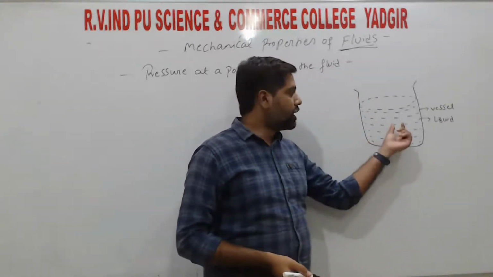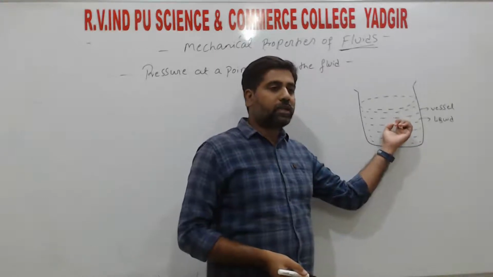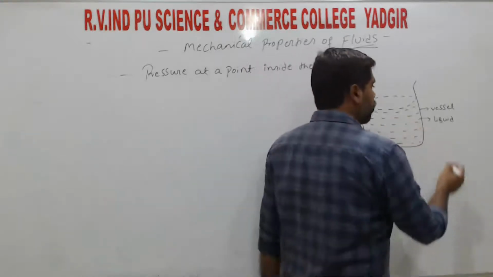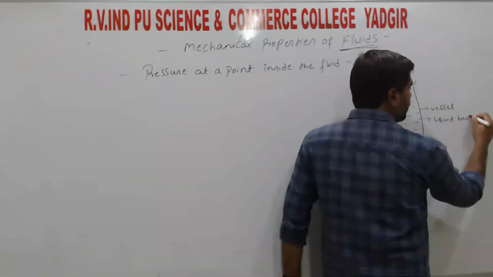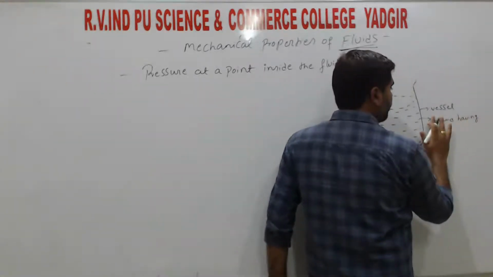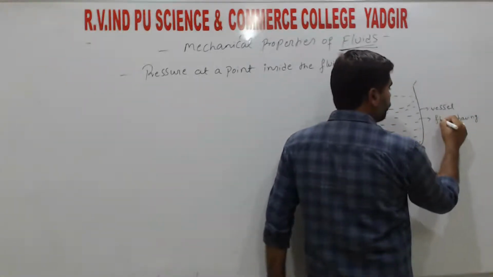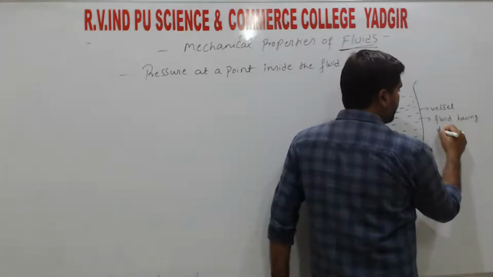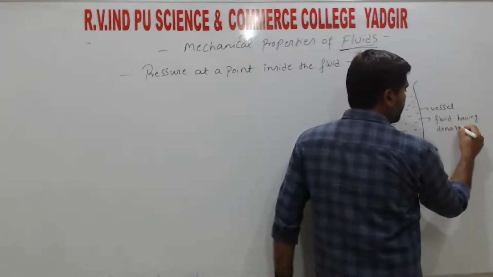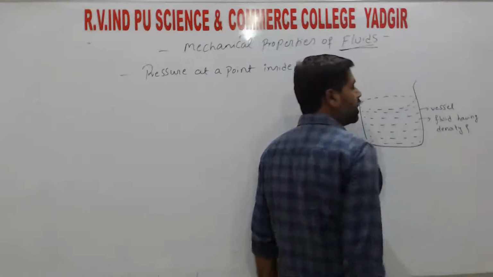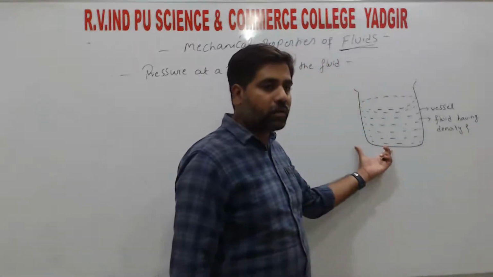This vessel consists of a liquid, and this liquid has a density rho. Generally we take it as a fluid having density rho. So one vessel we are considering.